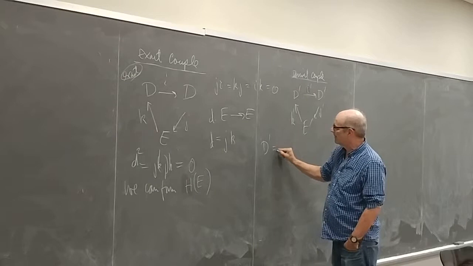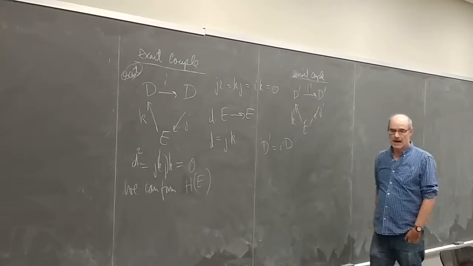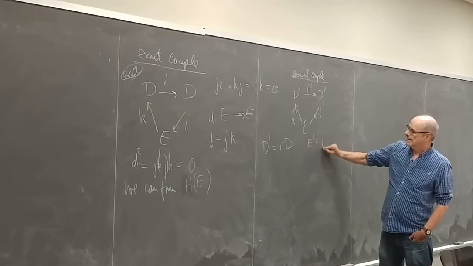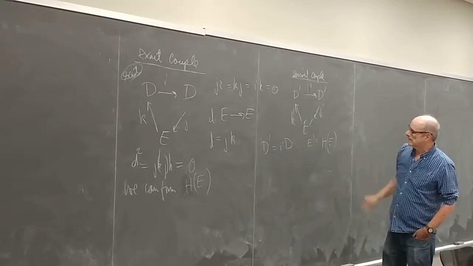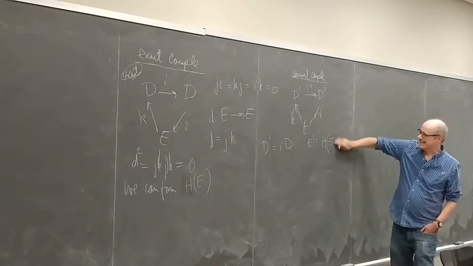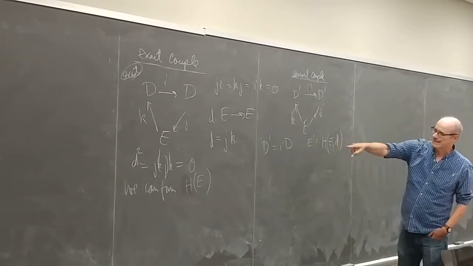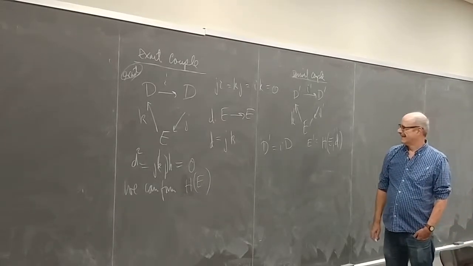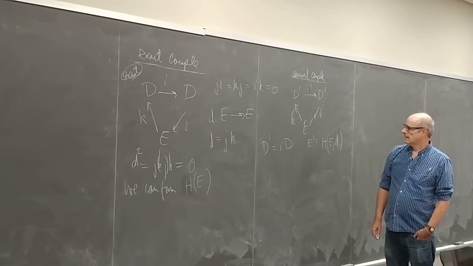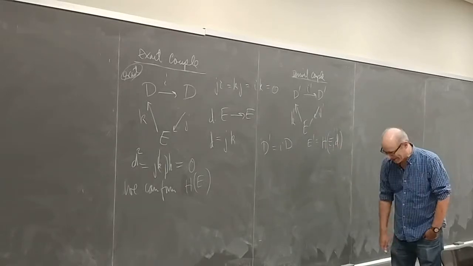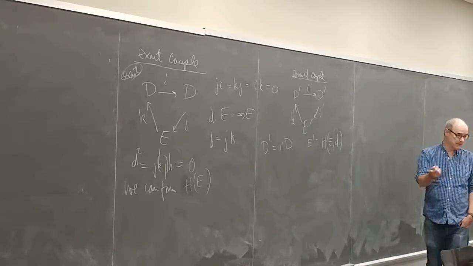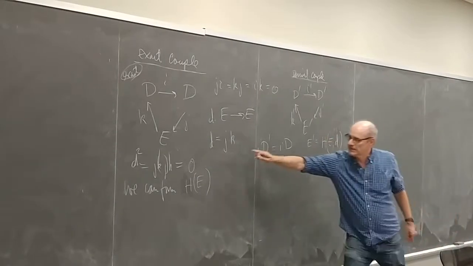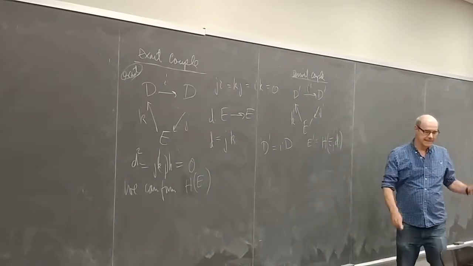D prime, by definition, is just going to be I of D. And E prime, by definition, is going to be the homology of E, I'm sorry, the homology of E using this differential that I defined, which I'm denoting by little d.